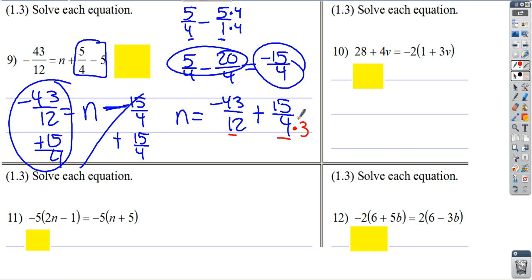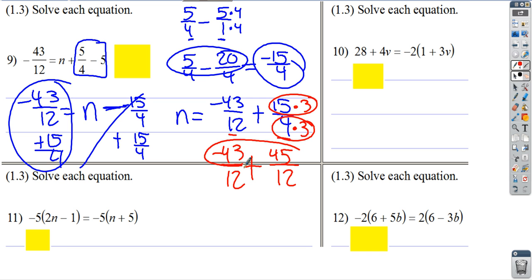So I can make that into 12 if I multiply it by 3. That becomes negative 43/12 plus 3 times 15 is 45, and 4 times 3 is 12. Negative 43 plus 45, that's equal to positive 2 over 12. And 2 over 12 reduces to what you see right there, 1/6.